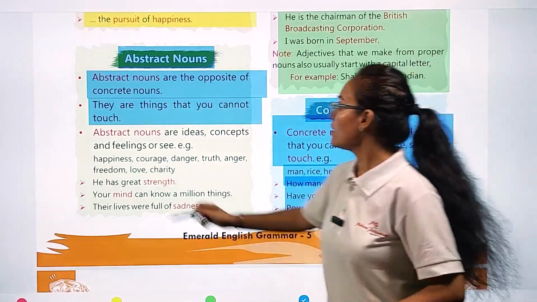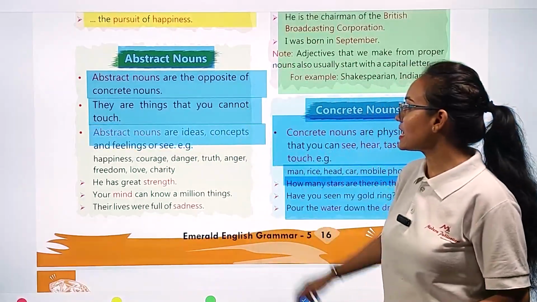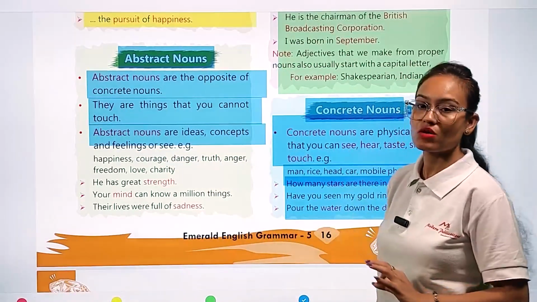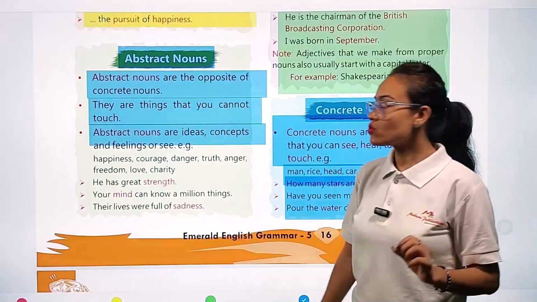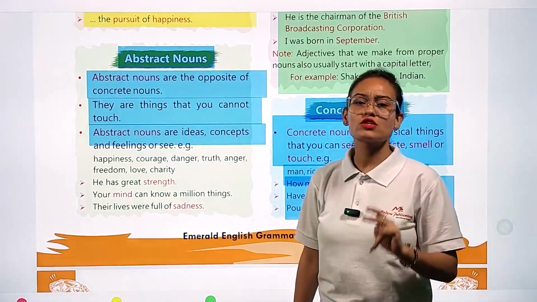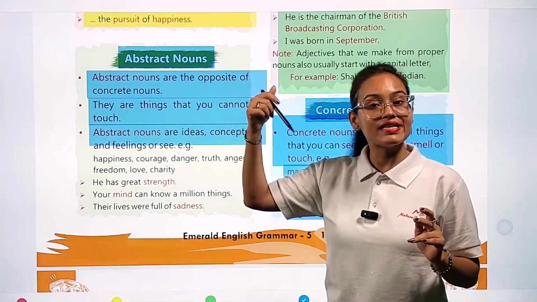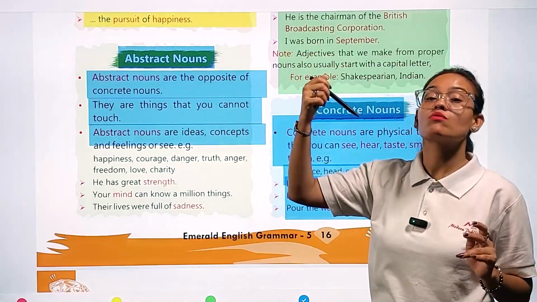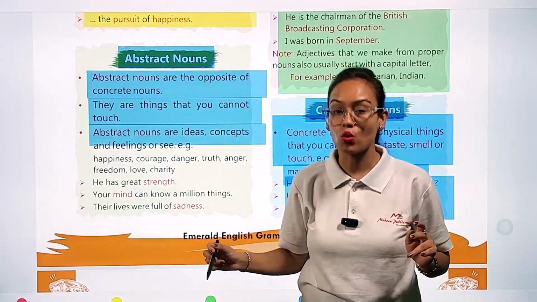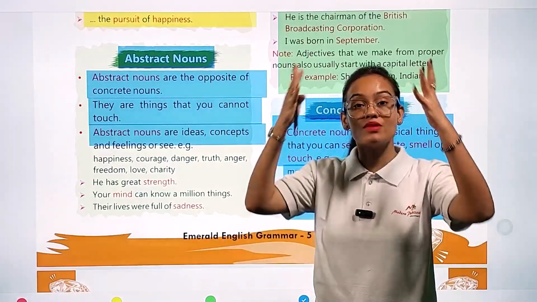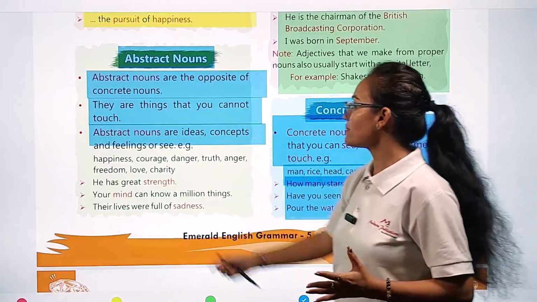Abstract nouns are ideas, concepts, and feelings. So, those emotions, those feelings which we can't touch. Like our ideas. Ideas come in our own mind. Can you see ideas? No, but we can remember them. Concepts and feelings.